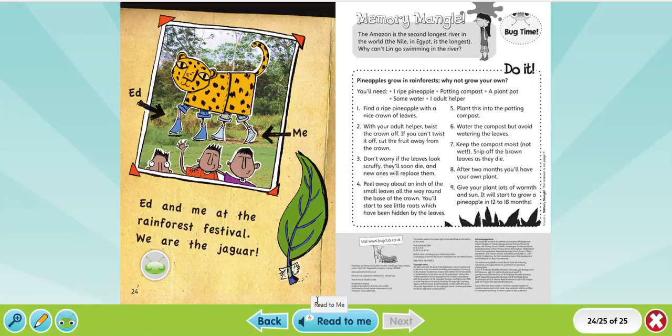Correct. The rainforest is in South America. Another question. Why are Ed and Lynn running? Because a jaguar is chasing them.